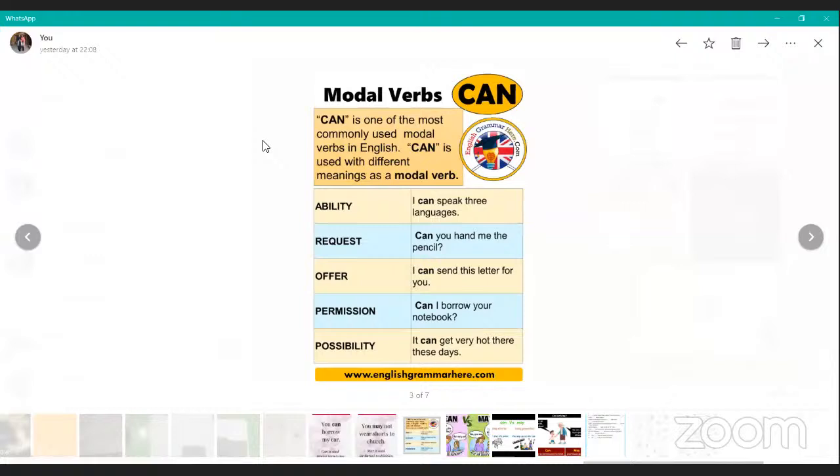Then the next one, possibility. As I said at the beginning of the lesson, it is possible to do something. Possibility කියන්නේ හැකියාව. ඔයාට කරන්න පුළුවන් දෙයක්. It can get very hot there these days. මේ දවස්වල උණුසුම් වෙන්න පුළුවන්.